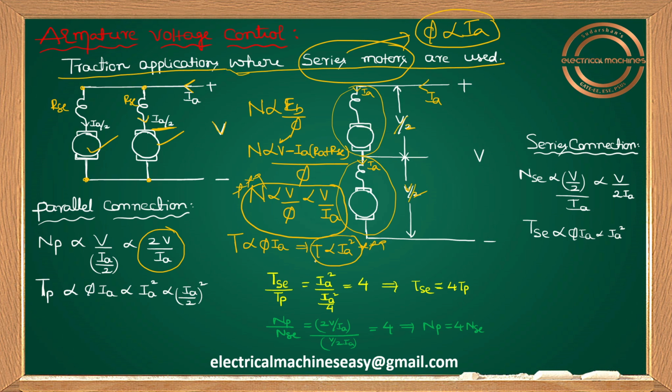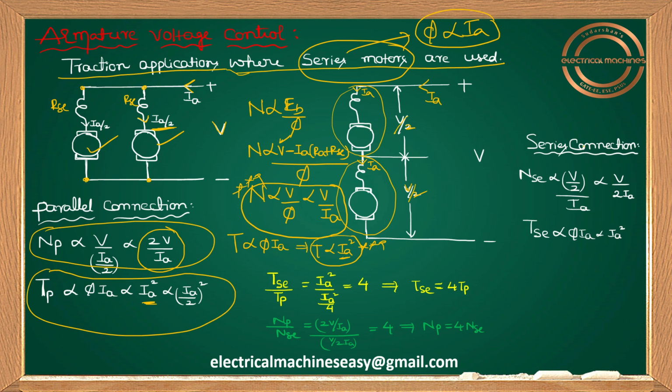So for TP, if series motors are in parallel combination, TP is proportional to IA square. What is the IA value here? I can take armature current IA by 2 whole square, which becomes IA square by 4. So remember: NP is proportional to 2V by IA, and TP is proportional to IA square by 4, that is, IA by 2 whole square.